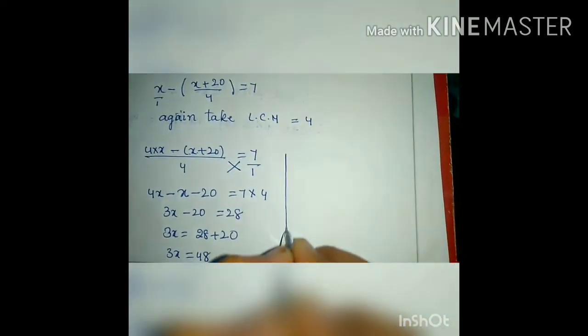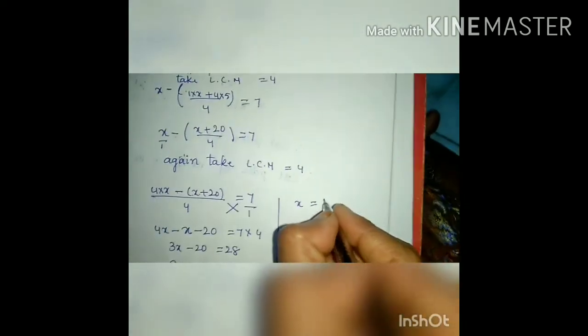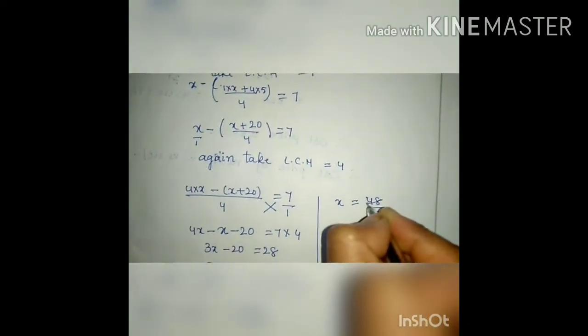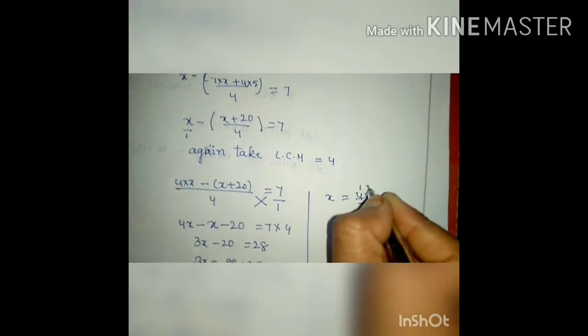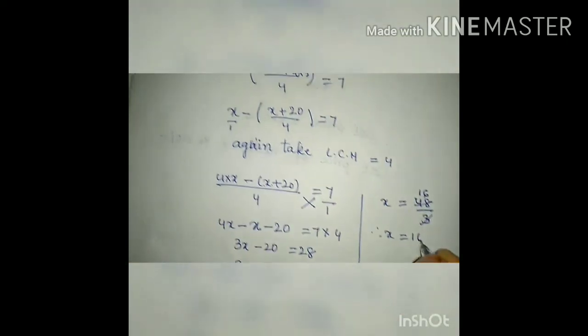So the multiplicative quantity becomes a division quantity: 48 by 3. 6 threes are 18. Therefore x equal to 16.